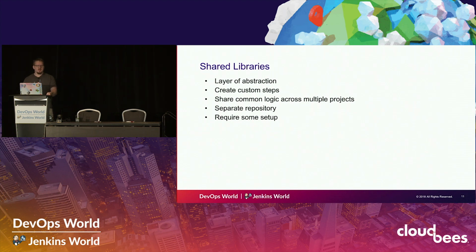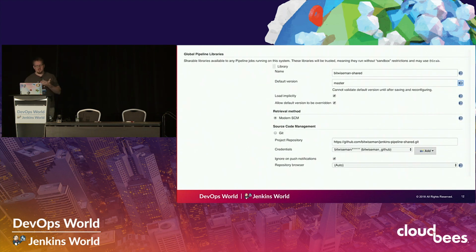Shared libraries, when you create one, are stored in a separate repository from your main software project, and they require some setup. This can be done via configuration as code or via the Jenkins UI, which I'm showing here. This allows the Jenkins administrator to control what repository the shared libraries for your pipelines are coming from.